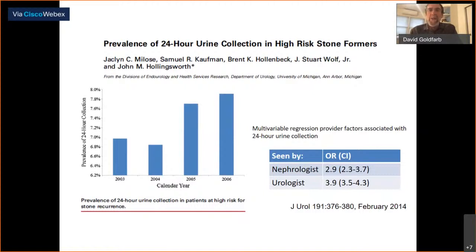Why can we conclude that a 24-hour urine collection was not done in most people in the United States? It's evidence that the United States is, as we've seen this year, a backwards country, perhaps. That's one possibility. Another possibility is that it's not considered that important for evaluating and managing patients with kidney stones. Next slide.